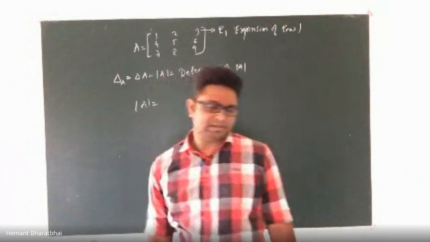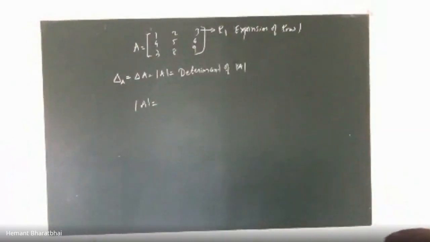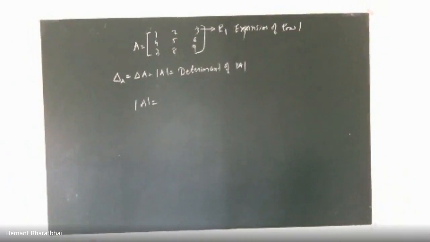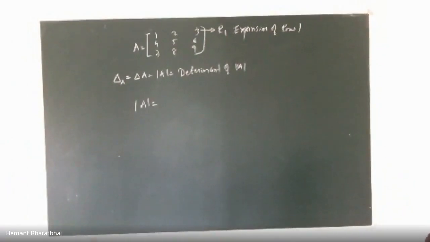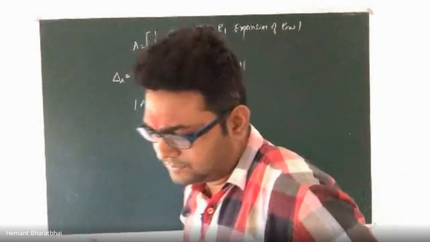You can do it with the expansion of row 2, you can do it with expansion of row 3, you can do it with expansion of column 1, column 2, and column 3. But I am going to use expansion of row 1 throughout this chapter. When we come to the chapter on determinants, I will show you the other methods also.